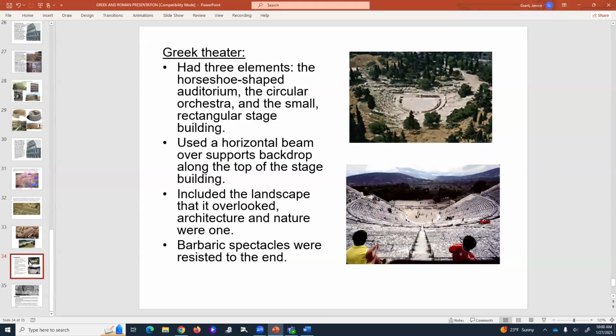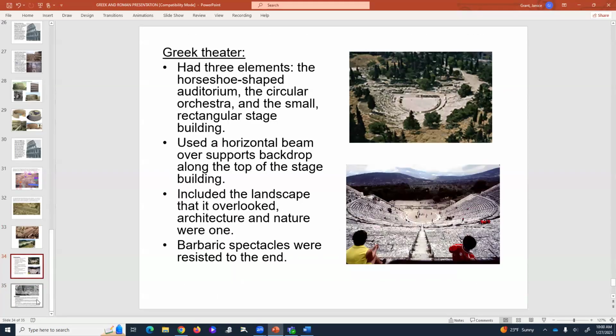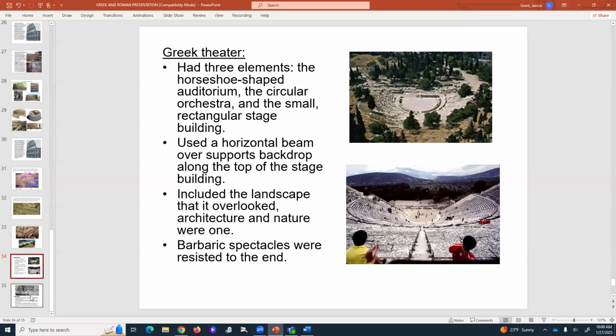All right, let's take a look at the difference between the Greek theater and the Roman theater. In general, you can see right away when you go from one slide to the other, the overall feeling of it.